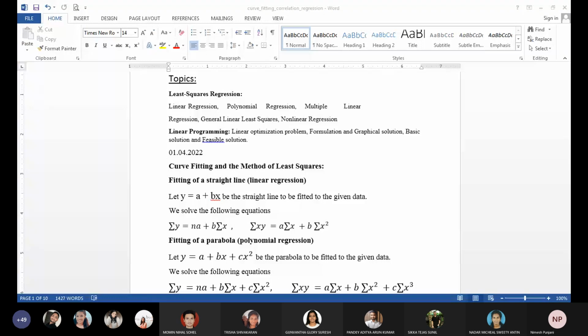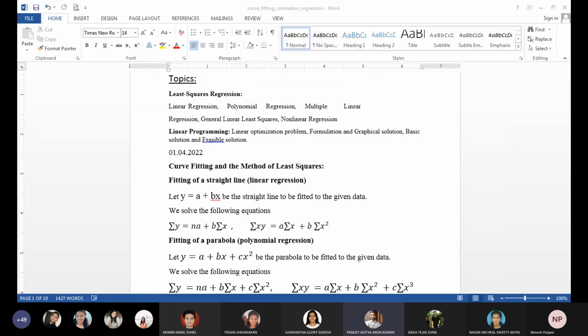What does that m represent? Yes, anyone? When you write y equals mx plus c, what does that m represent?